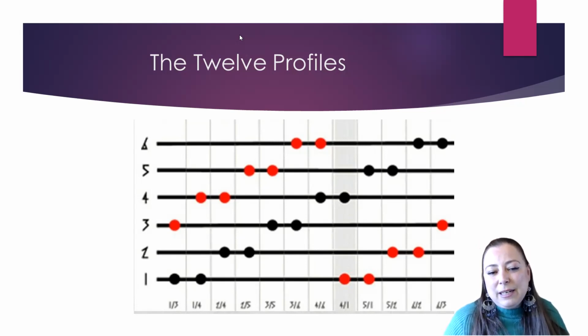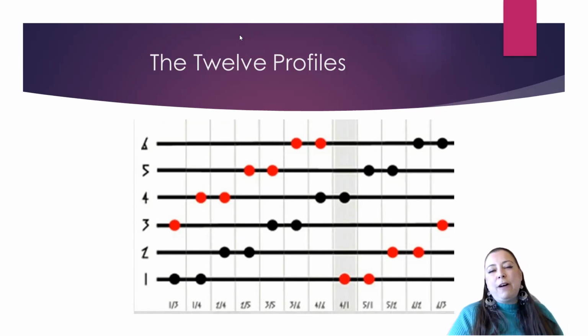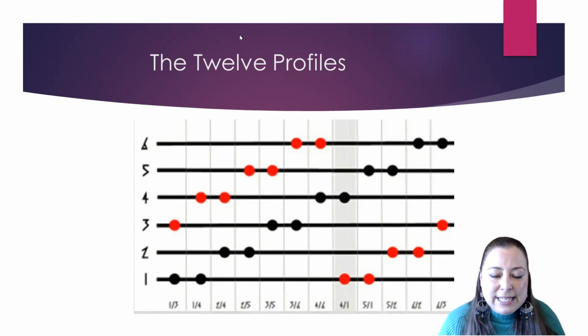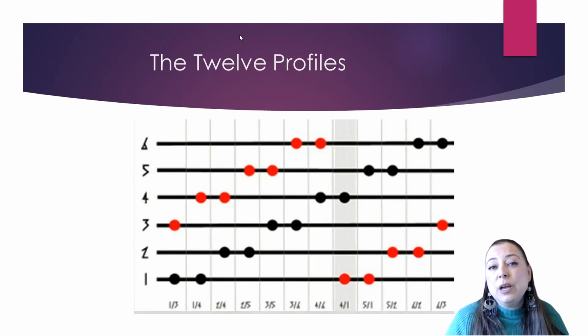We have conscious 1, 3 subconscious. The 1-4, the same. 2-4, 2-5, 3-5, 3-6, 4-6, and then we have 4-1, which is the juxtaposition profile, fixed fate. So until here we have personal destiny, and then we have the juxtaposed profile.